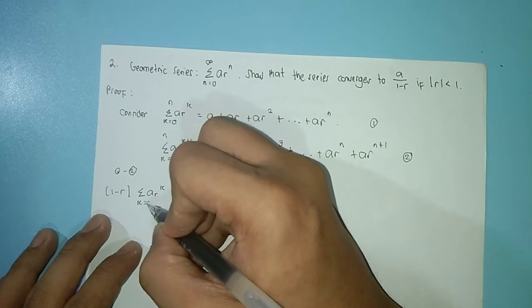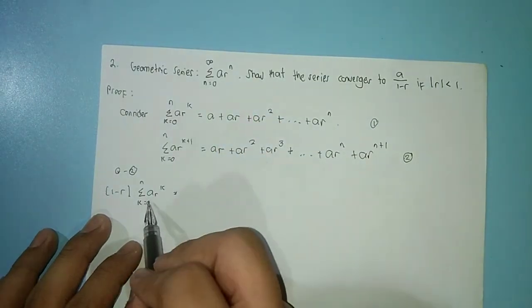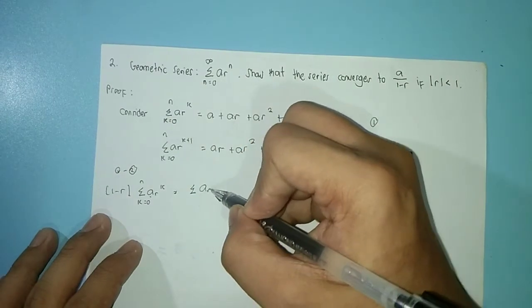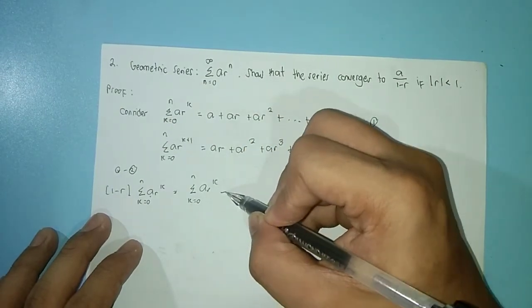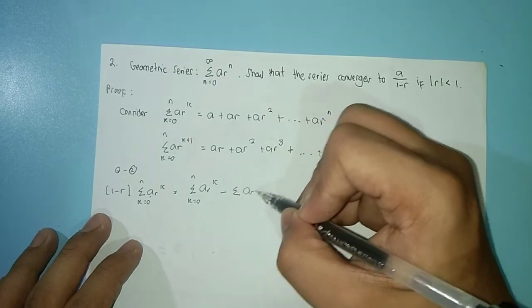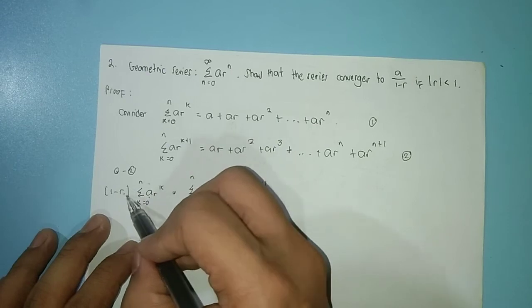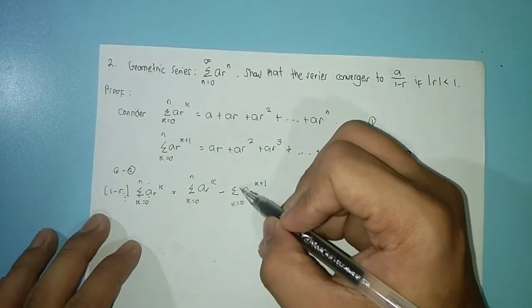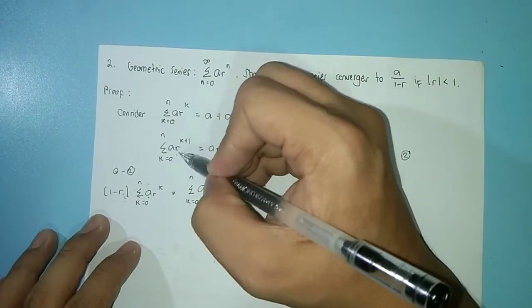So when you distribute this, that will be the summation of ar raised to k, k equals 0 to n, minus the summation of ar raised to k plus 1, k equals 0 to n. So this is also just what we subtracted.